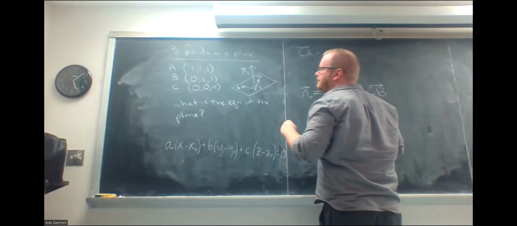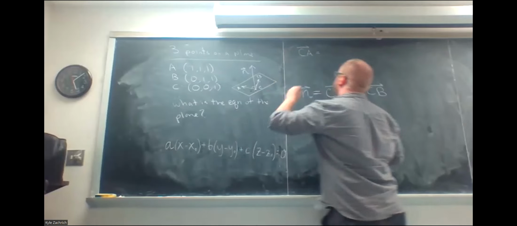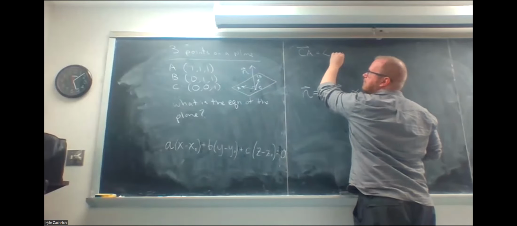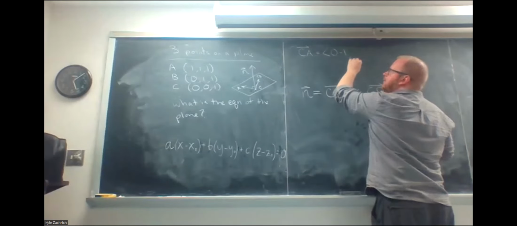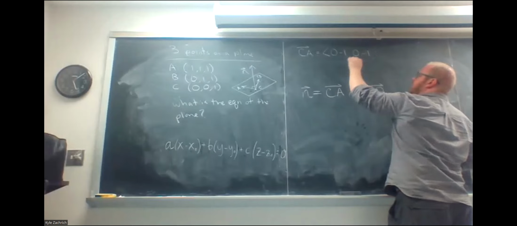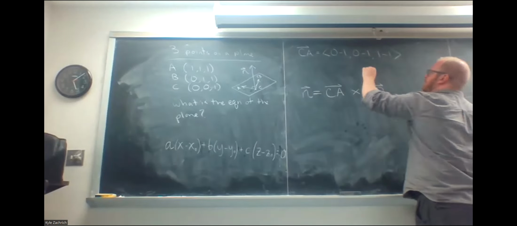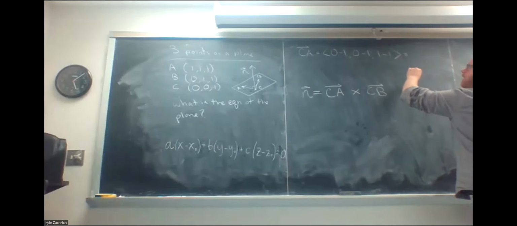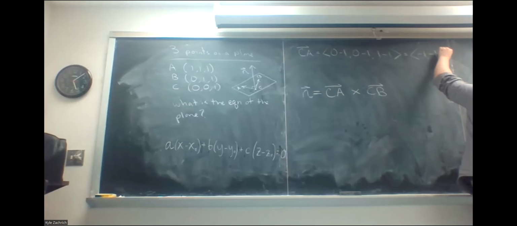So CA, again, we're just going to do tip minus tail. So that's going to be 0 minus 1, 0 minus 1, and 1 minus 1. Tip minus tail, so this vector is -1, -1, 0.